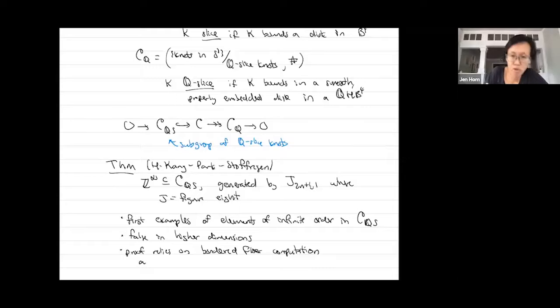And then the proof of linear independence relies on involutive Heegaard Floer homology. Okay, so for the structure of the talk, first I'll tell you some background about what was known, and then I'll talk about the key ingredients in the proof.